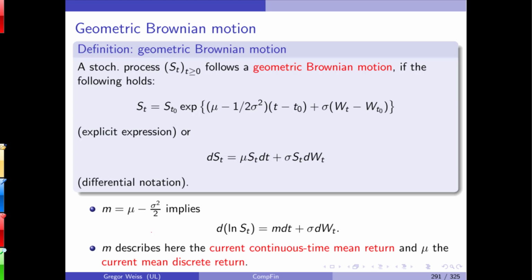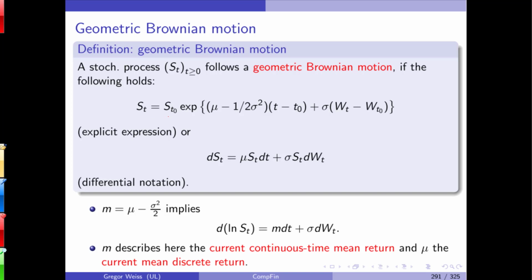Now, what is a geometric Brownian motion? Geometrische Brownsche Bewegung. Geometric Brownian motion is again a stochastic process, S_t, and we say that the process S_t follows a GBM, a geometric Brownian motion, if the following holds.